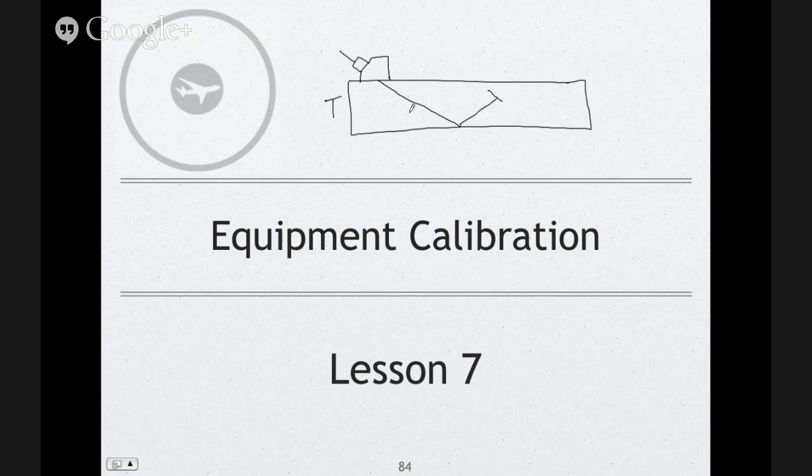I'm going to teach you how, knowing the thickness and the angle at which you're shooting, you can calculate the surface distance from your transducer to the defect, even though your eye can only see this upper surface.